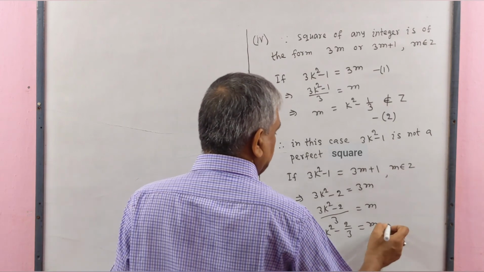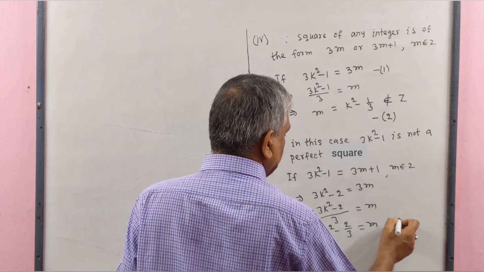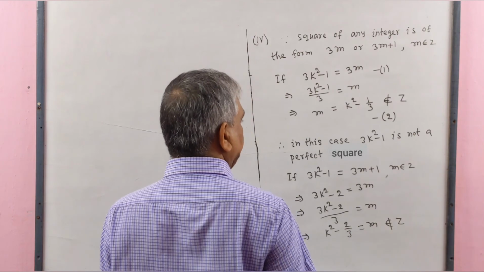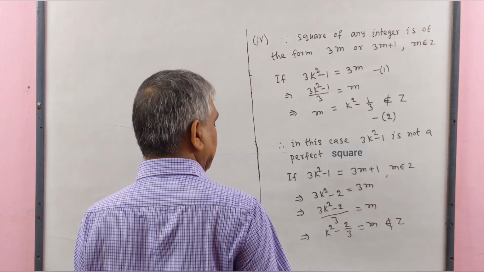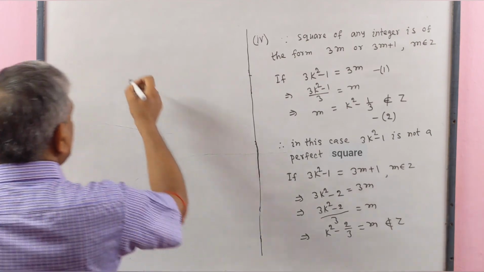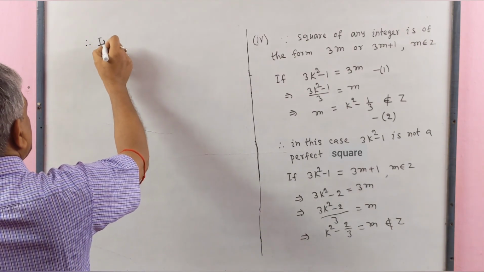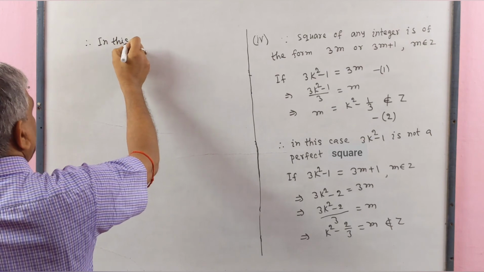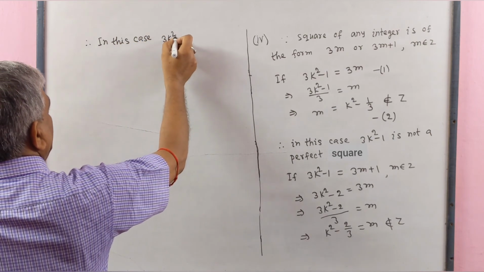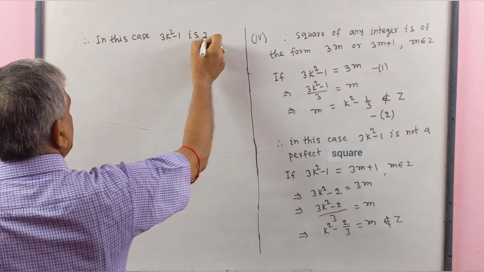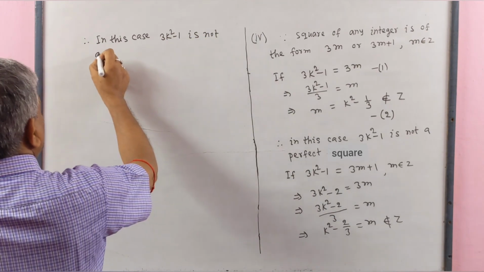This does not belong to Z. This is not an integer, but we have assumed that m is an integer. Therefore, in this case, 3k square minus 1 is not a perfect square.